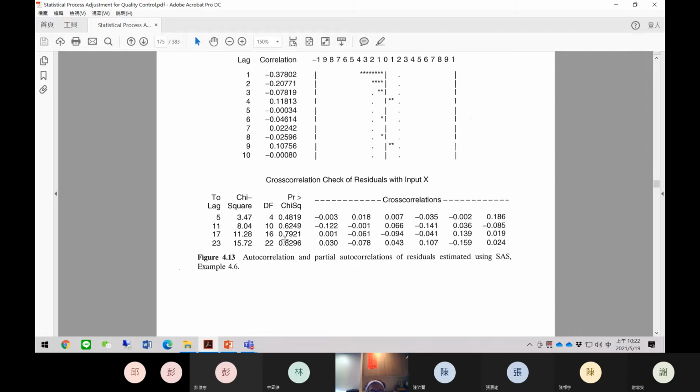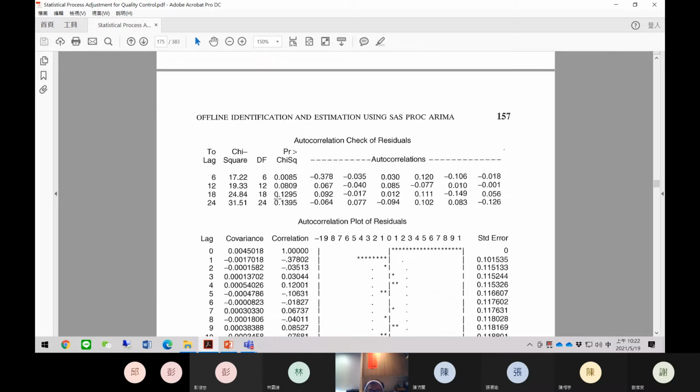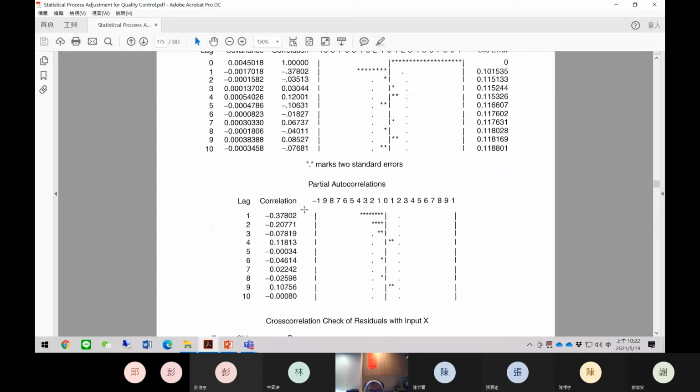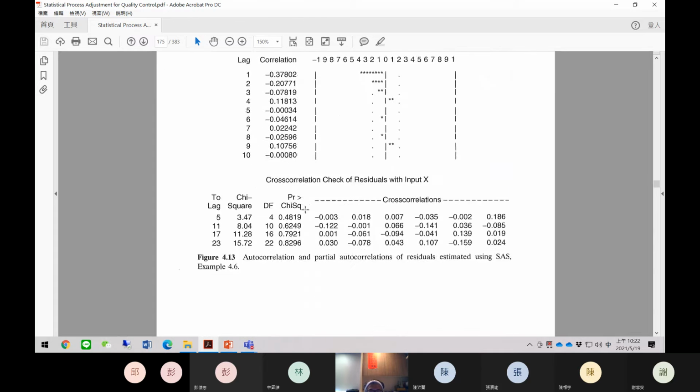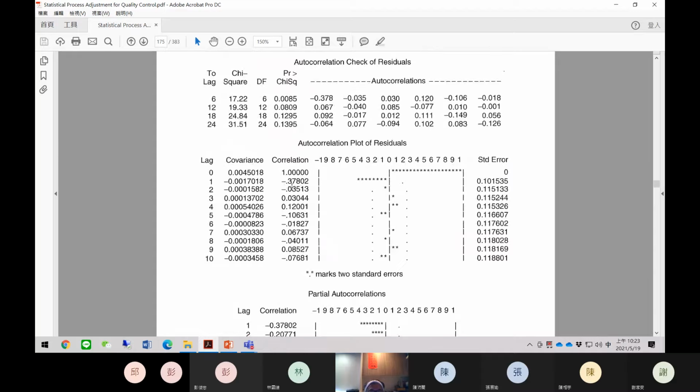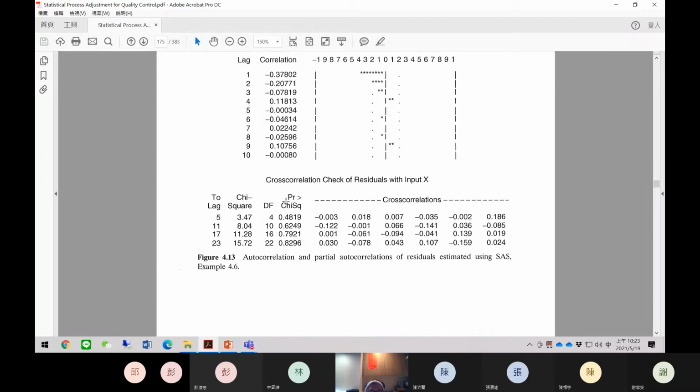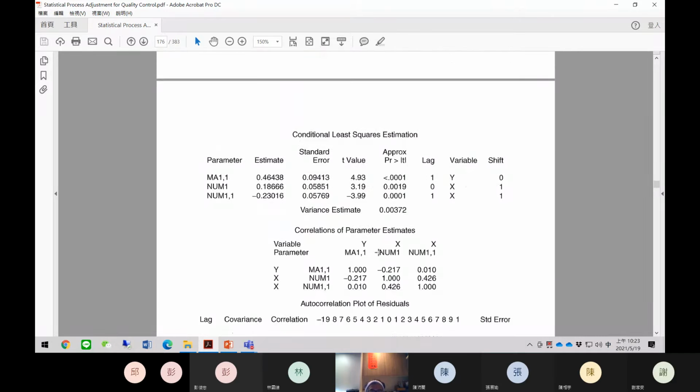Look at those Q1 and Q2. The p-value is quite big, so we do not reject the null hypothesis. I would like to see the p-value right here. We do not reject the null hypothesis since the p-value is so big. And we also would like to see the variance.